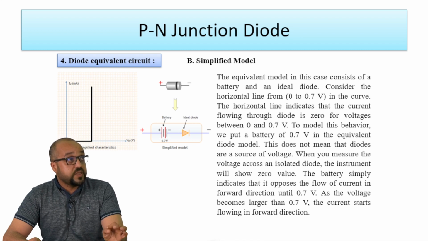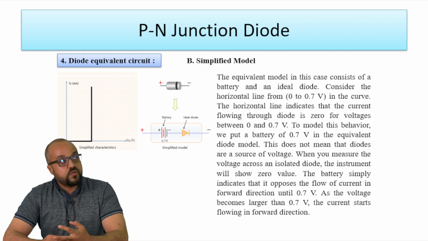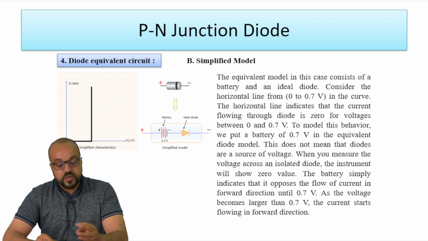This does not mean the diode is a source of voltage, because when you measure the voltage across an isolated diode, the instrument will show a 0 value. The battery simply opposes the flow of current in the forward direction until 0.7 volt. As the voltage becomes larger than 0.7 volt, the current starts flowing in the forward direction.